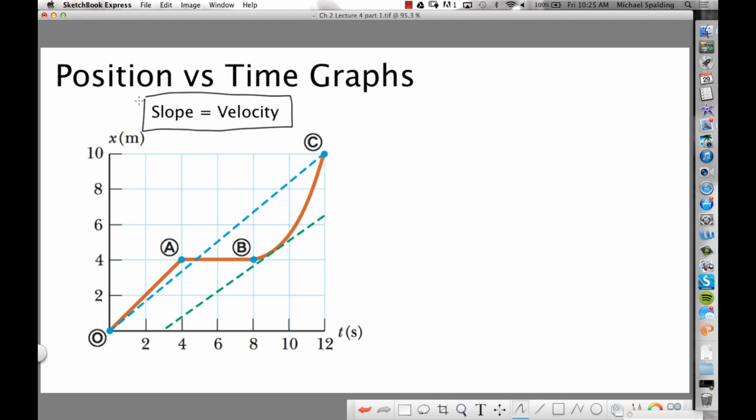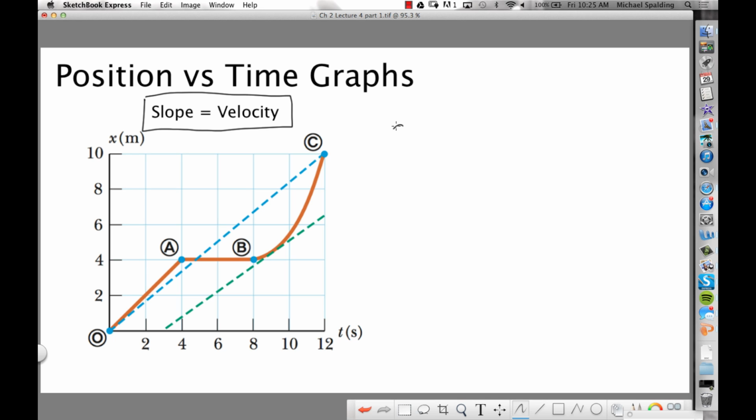What I want you to do is be able to figure it out, because this is not the only graph you're going to have. In a few minutes, I'm going to talk about velocity time graphs, and the slope on that graph is something different. And then there'll be more graphs between now and May where you need to be able to interpret what the slope is telling you. So do not memorize what the slope is for each graph. I want you to be able to figure it out.